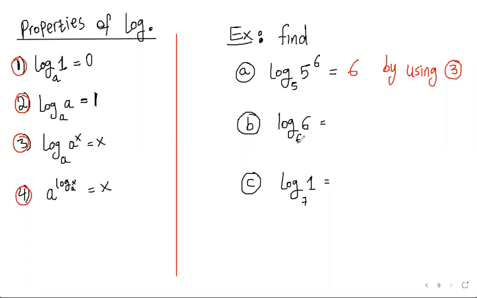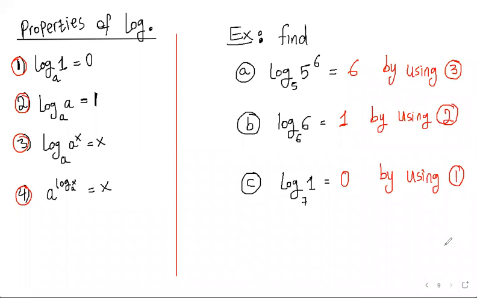Log 6 to the base 6 is 1, by using number 2. Third one. Kristen, this is true, c is 0, right? Yes, this is true. Why? By using the first one: logarithm of 1 for any base is always 0. By using number 1. Any question?